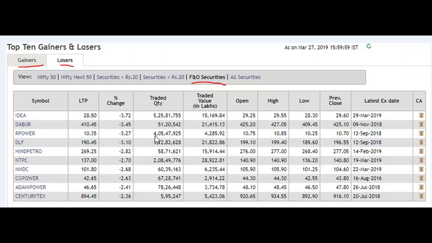So the point would be to shortlist losers from the FNO securities list and gainers from the securities list, and whatever stock has come in the gainers list has a higher probability to end up negative the next day. So the momentum would be largely on the downside the next day for the stocks that come in the gainers today.